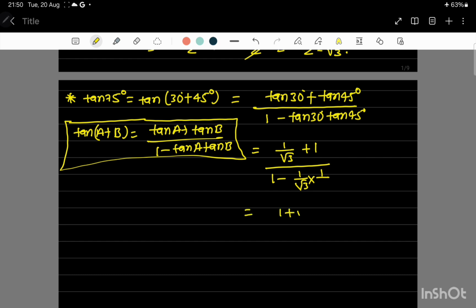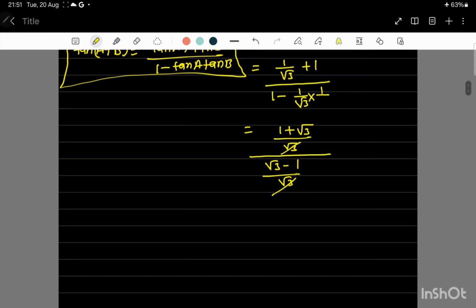So 1 plus root 3 divided by root 3, and then divided by root 3 minus 1 by root 3. So this root 3 and this root 3 cancel. So finally we can write here 1 plus root 3 divided by root 3 minus 1, and then rationalize the denominator.